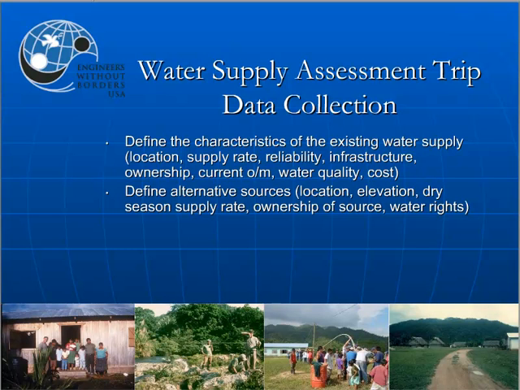You should look at every single other alternative supply source in the immediate area so that once you get back to your university, you as a chapter can make a rational, reasoned decision about what would be the best alternative source for this community.